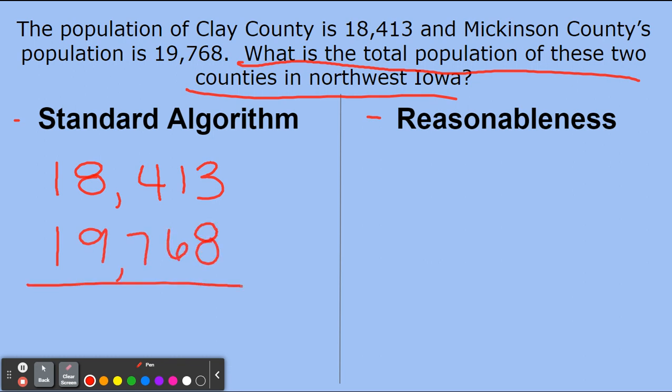These are my two numbers. And if I'm trying to find the total, that means I've got one population and I've got another population. I'm trying to bring them together and find the total. That means I need to add them. So I'm just going to come over here and I'm going to round these. I'm just going to go to the nearest hundred. So here's my hundreds place right here.